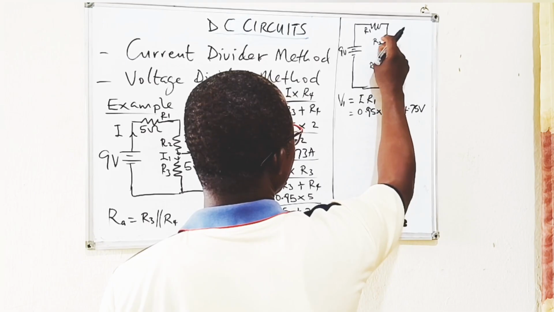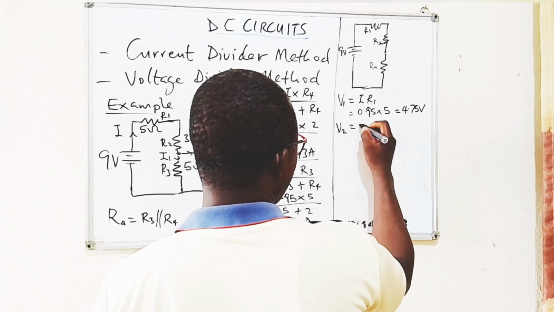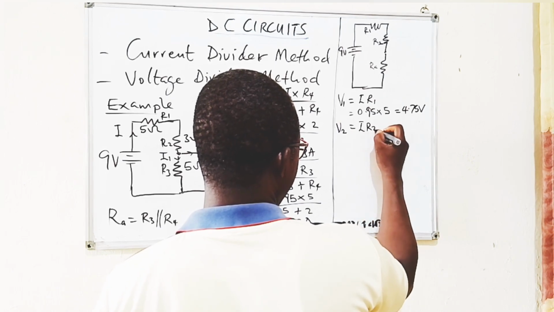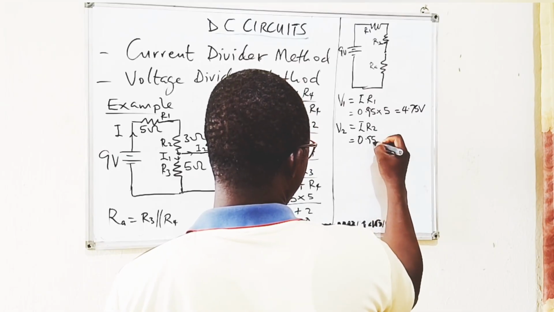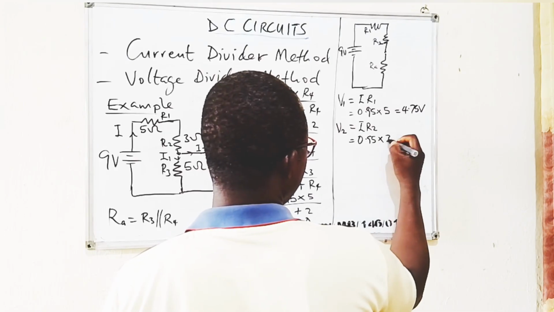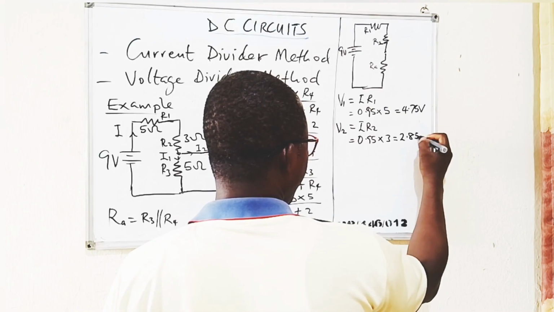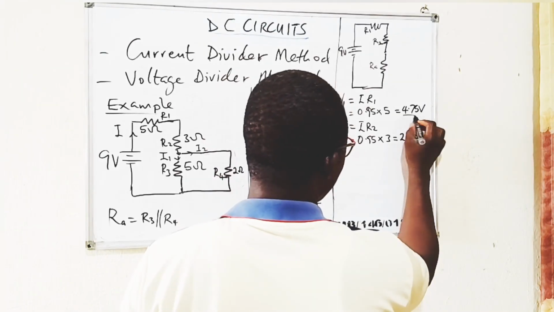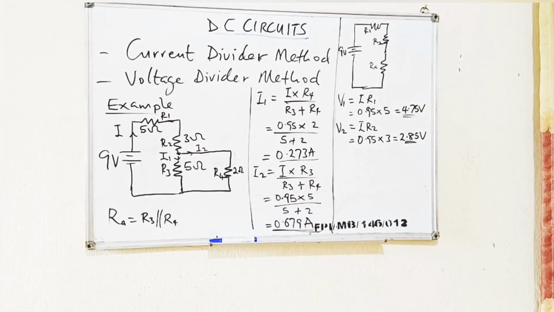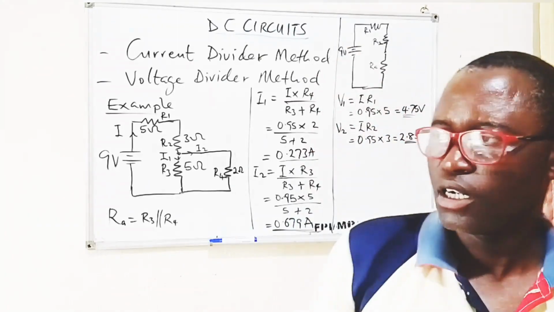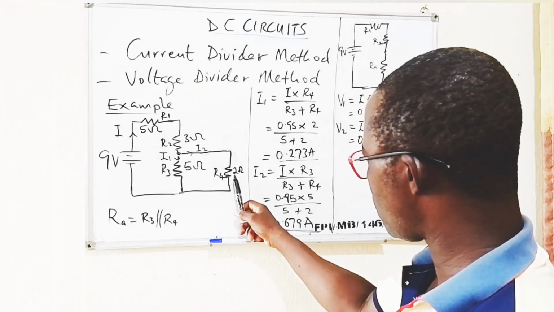Now let's say the voltage drop across resistor R2 is V2, and that will be equal to I times R2, and that is 0.95 multiplied by 3. That is 2.85 volts.